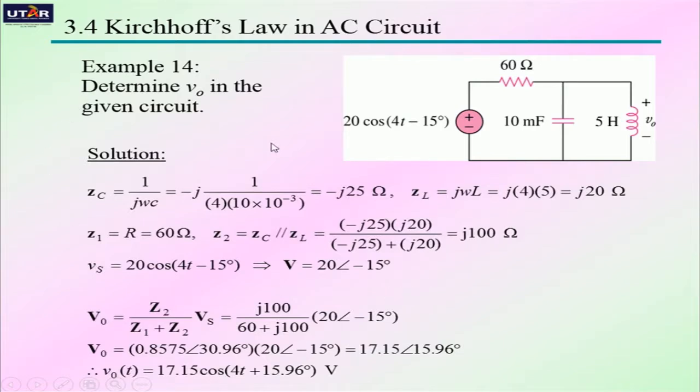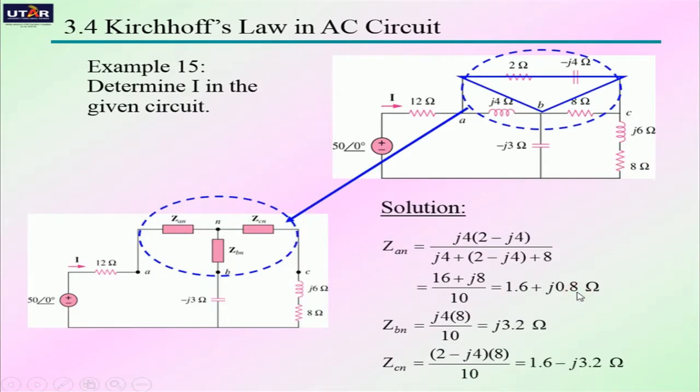Similarly, in example 14, if you are asked to find V0, the voltage across the inductor, we have to find the impedance of all elements first, and then we can perform voltage divider. By doing so, we can see that V0 is 17.15 magnitude, 15.96 degree volt. In example 15, Y to delta transformation is involved.